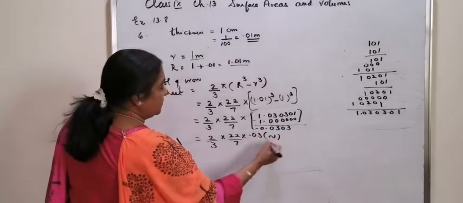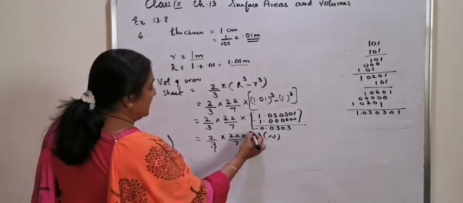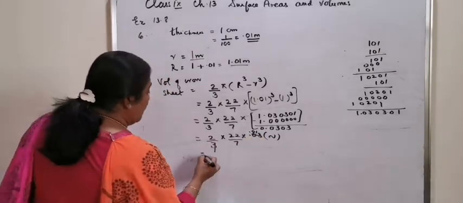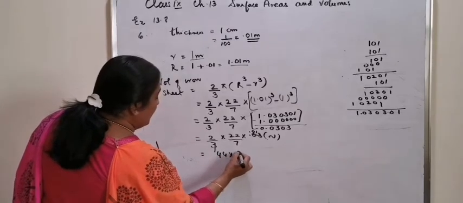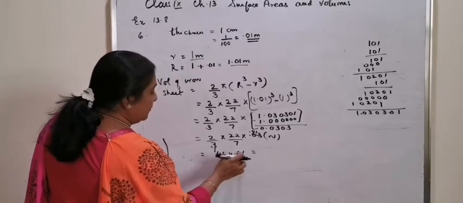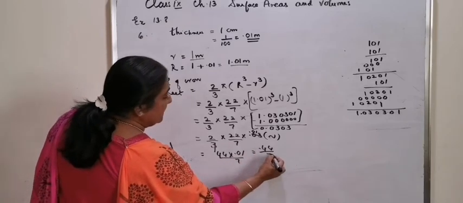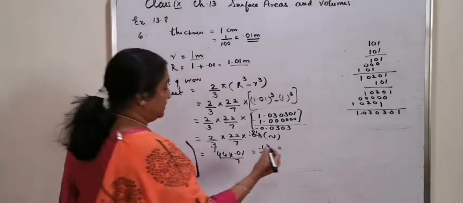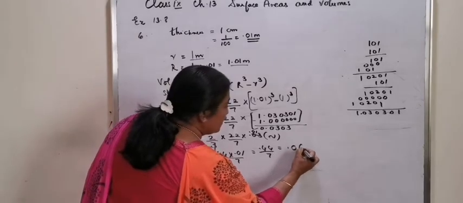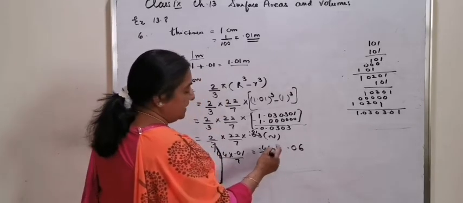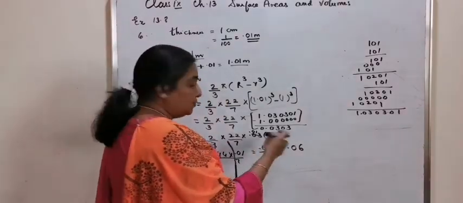Anyway, it is an approximate value. So this gets cancelled with 0.01, or 44 into 0.01 by 7. 44 into 1 is 44, 2 decimal places by 7, which is equal to 0.0628.